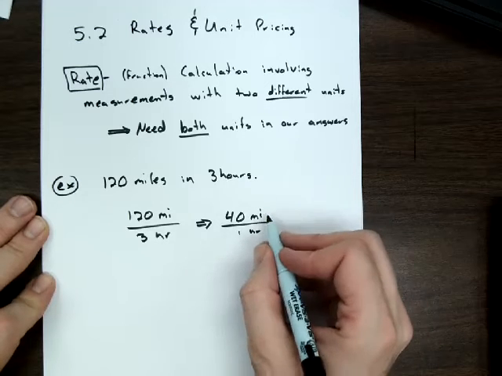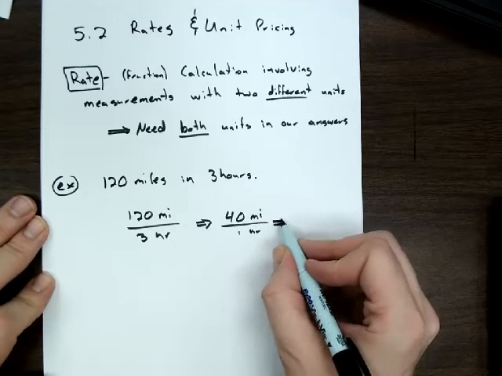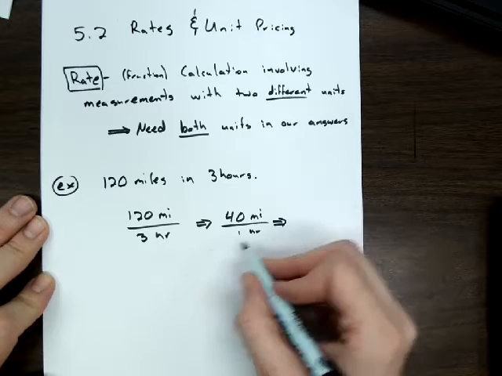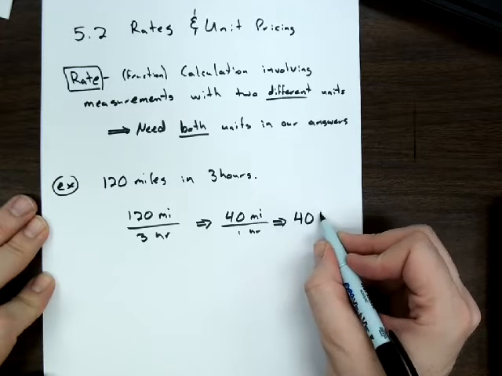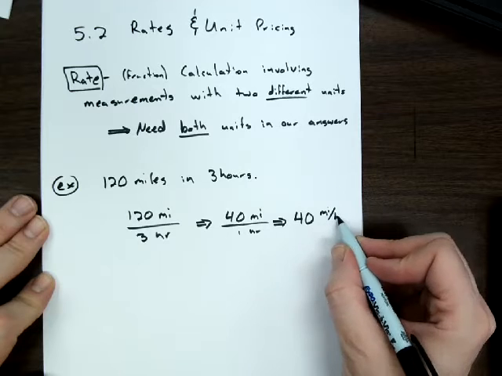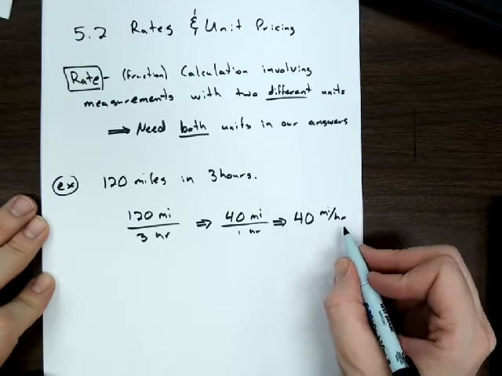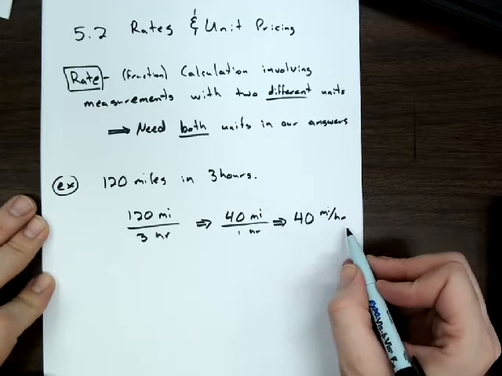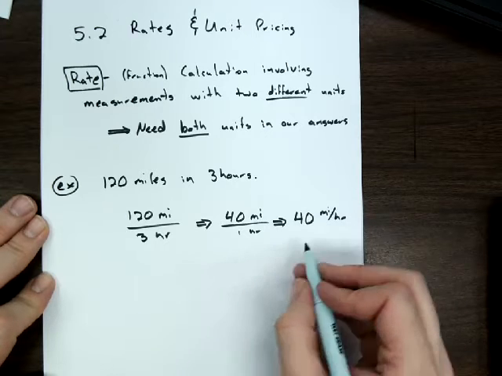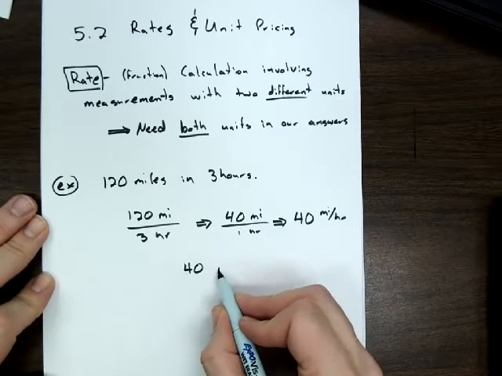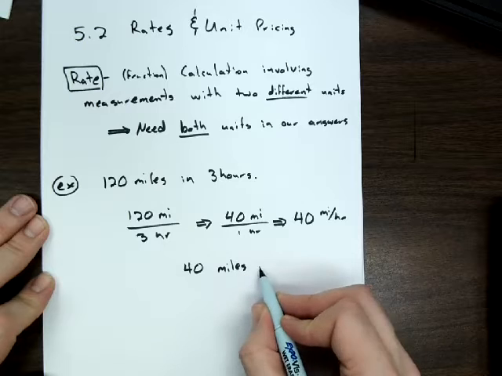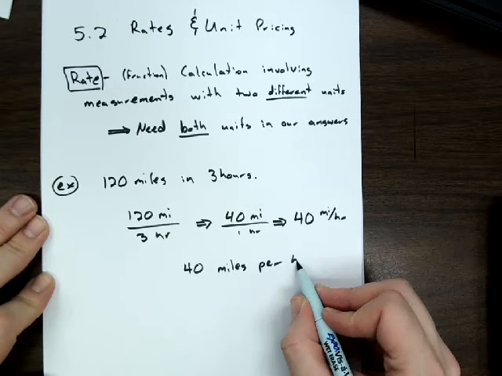This is a little bit clunky to write like this, so what's better is we're going to write this as either 40 miles per hour, using a fraction like this, or we could write this as 40 miles per hour.